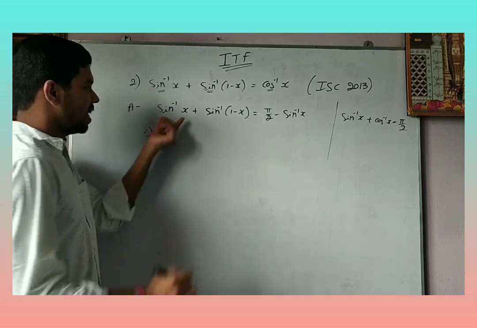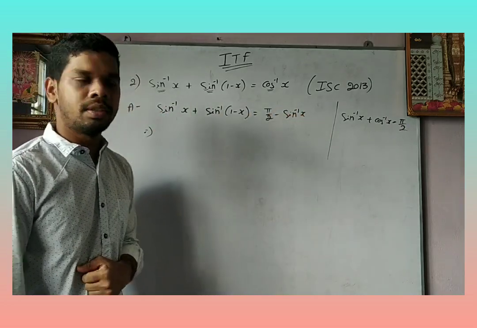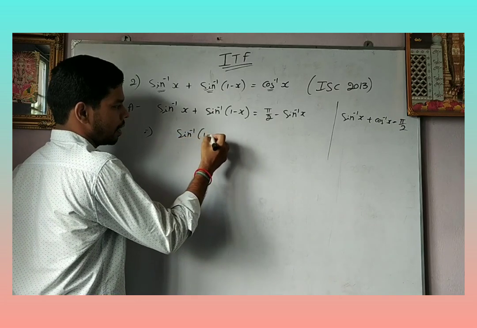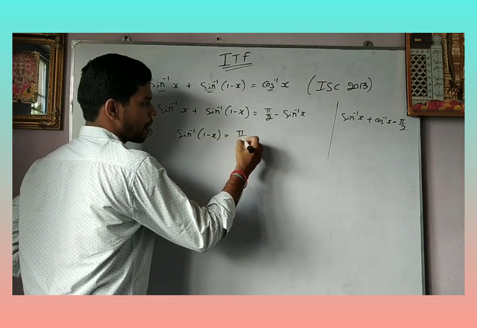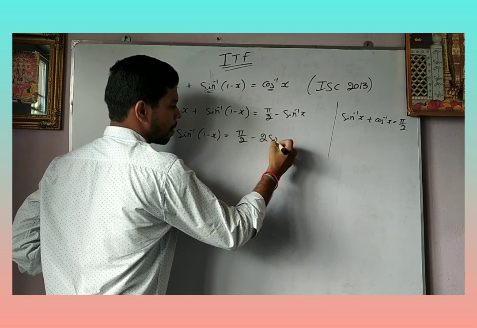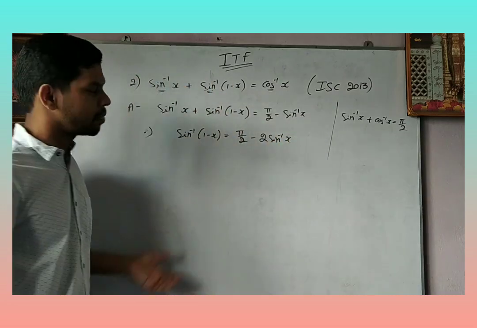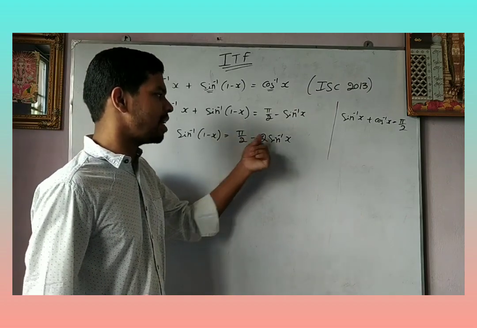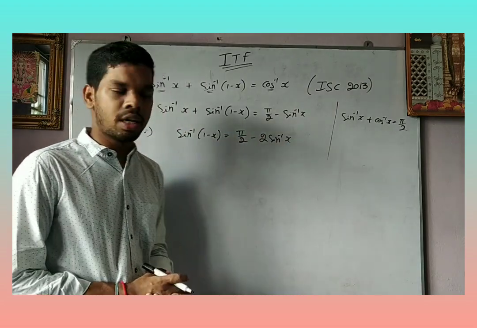Now, take this function to the right hand side. Then we will get sin inverse (1 minus x) equal to 90 minus 2 times sin inverse x.